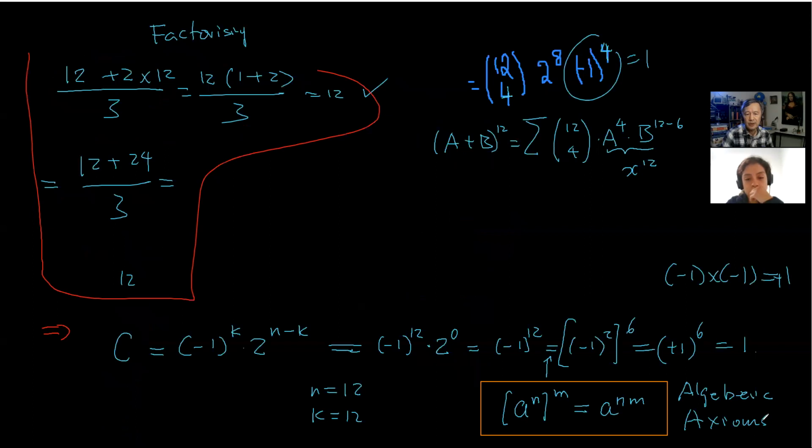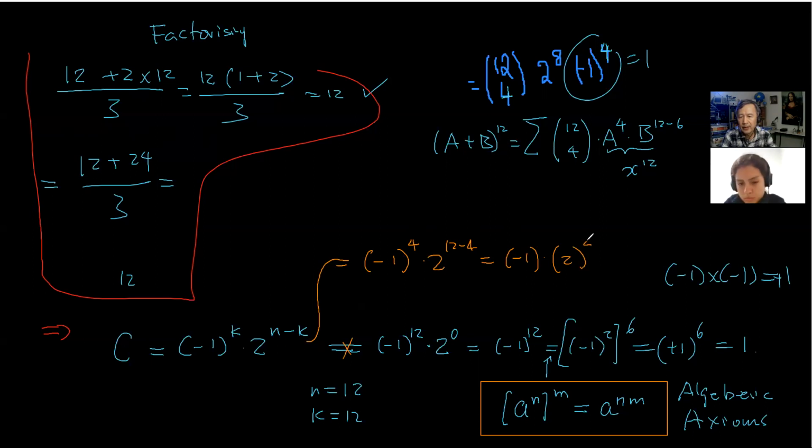So if you return to this question, we have jumped from here. So this is not right. We go up. That would be negative 1 to the power of 4, right? k equal to 4, and 2 is 12 minus k, minus 4. That's returning to your answer: 2 to the power of 4, or 8.